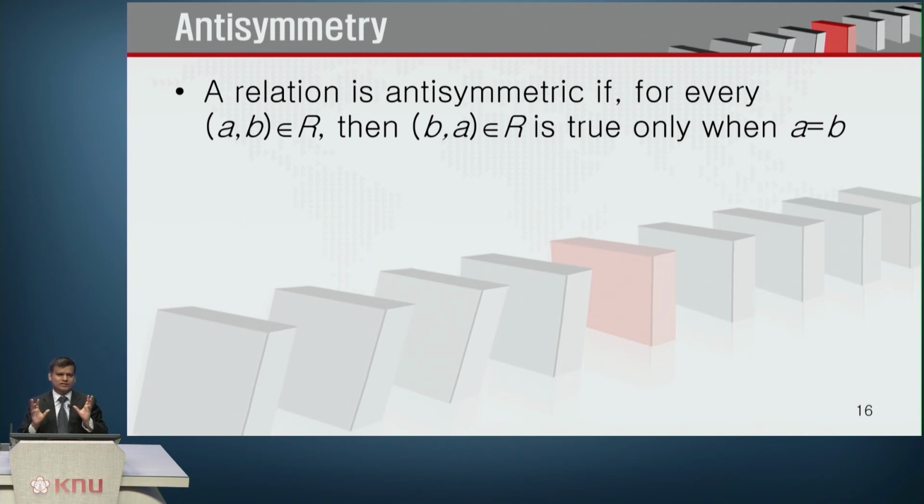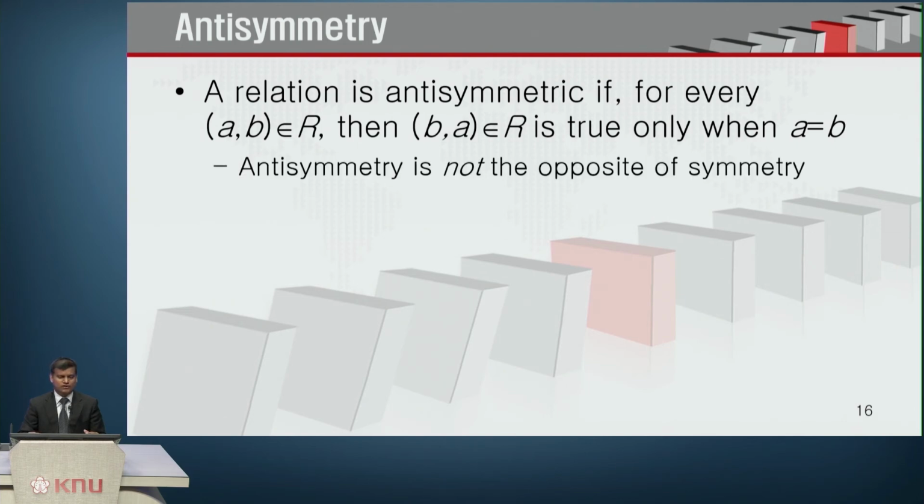So it seems very similar to the symmetric relation, but with one condition, in which a is equal to b. Antisymmetry is not the opposite of symmetry. That is what I want to emphasize, because at times students get confused between antisymmetric and symmetric since they seem to have similar properties, but this condition, where a is equal to b, signifies that they are different.